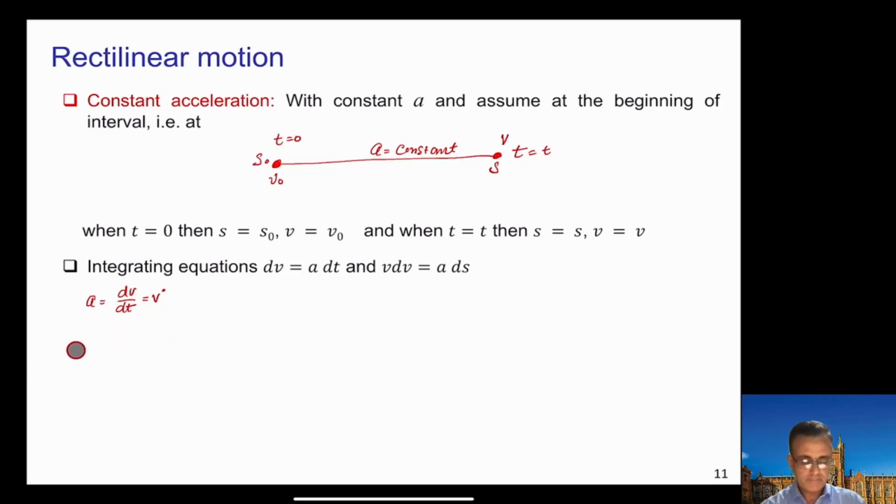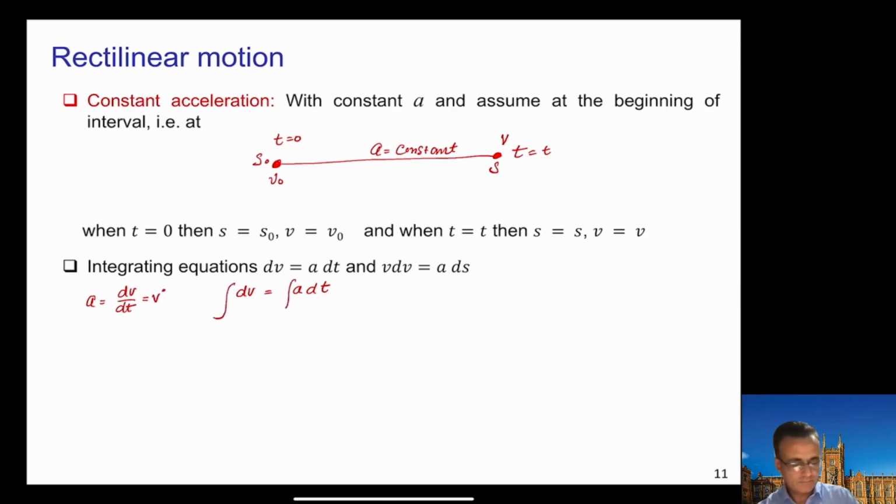So if you write this equation in this form, dv is equal to a dt, you just move this dt to the left hand side. And we now want to make sure that the acceleration is constant, so we take this specific case of a constant acceleration.